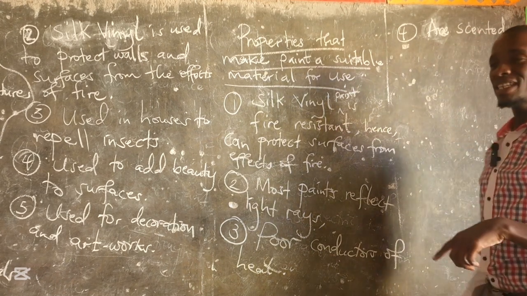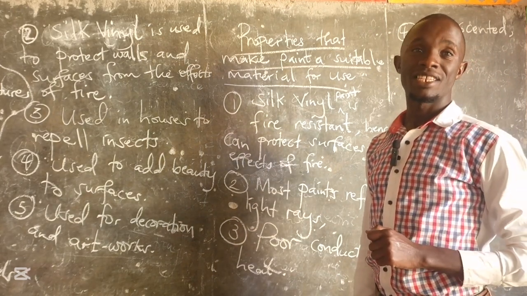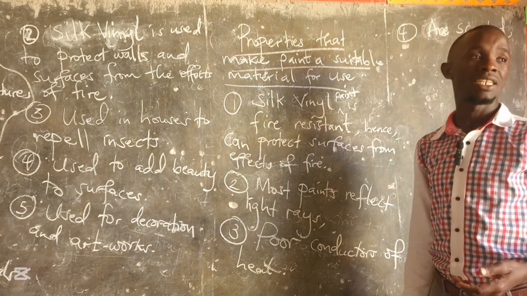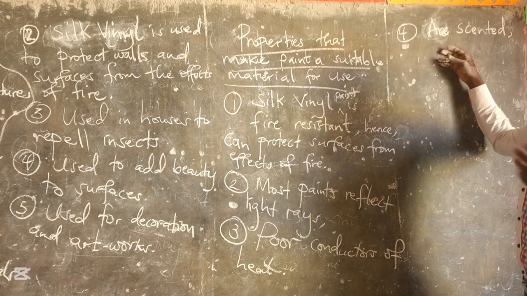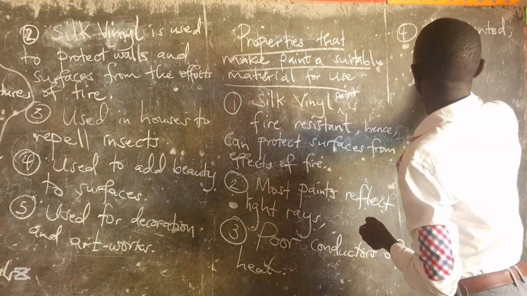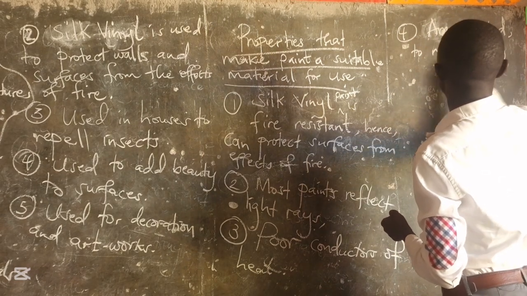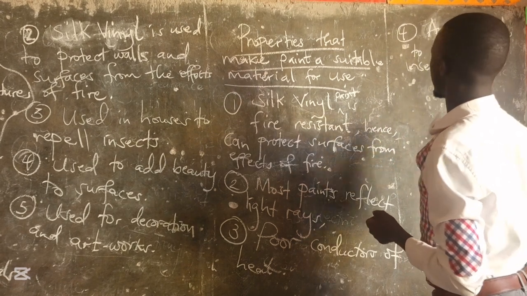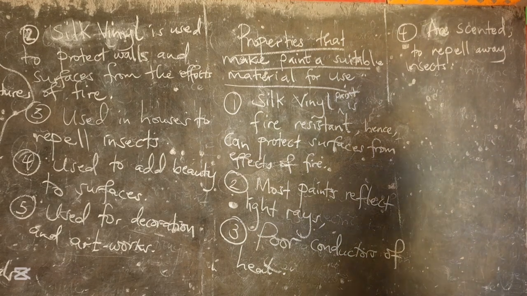There are houses where you enter when they are just painted and you cannot sleep there for a night because of the scent produced by the paint. The same applies to the insects. They will not come into such a room. So they are scented to repel insects. So there are many properties of paint that make it suitable for use.